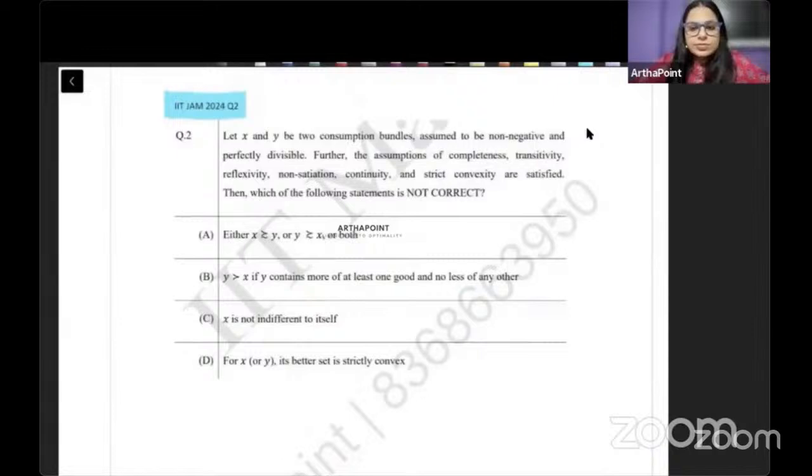Go ahead. How will you solve this? C, okay.